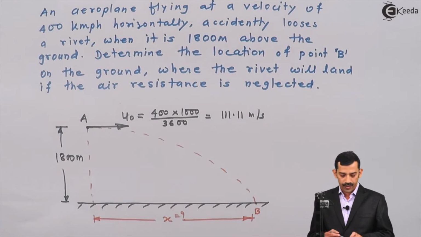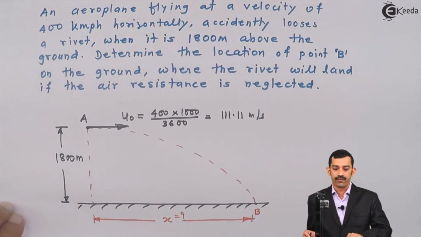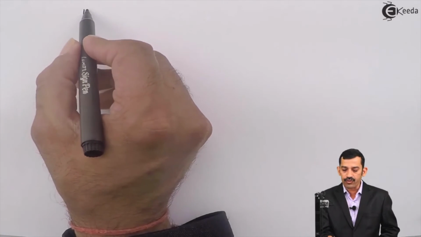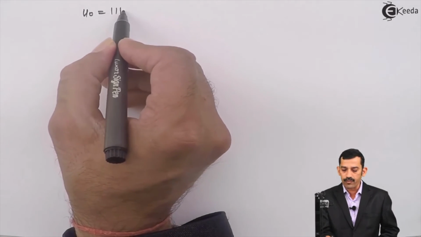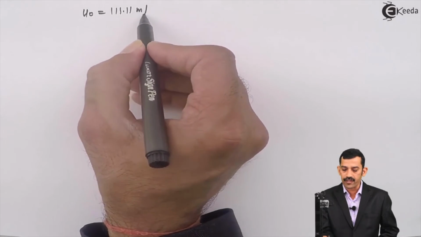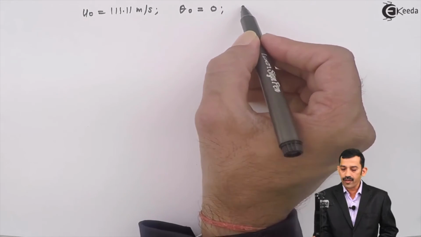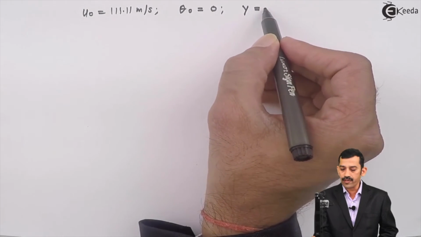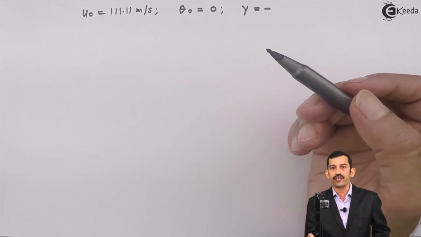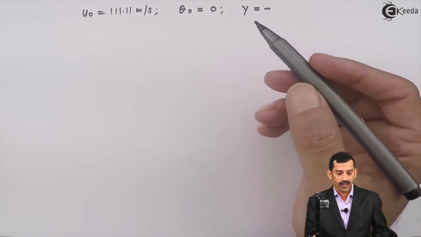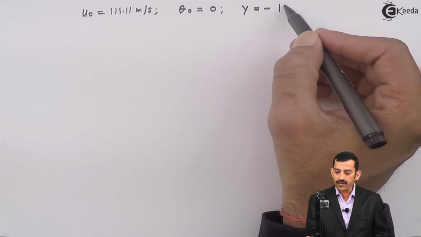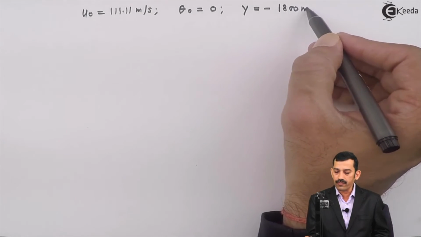You know U0, you know theta 0, and you know Y. Easily we will get distance X if we use the equation of path.